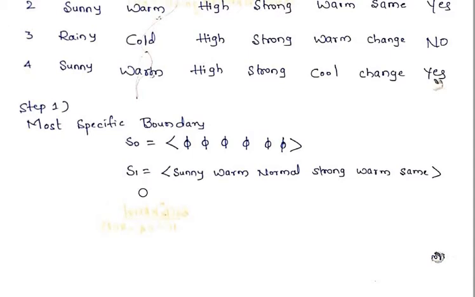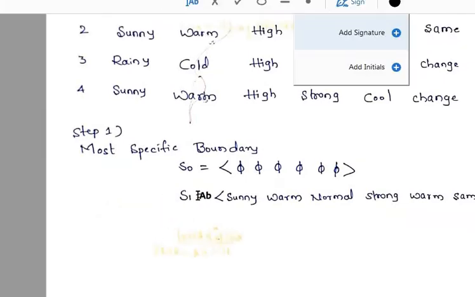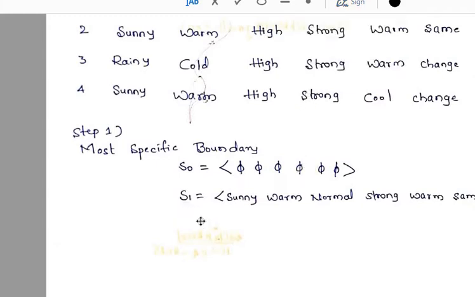Now check S2. So what will be the value of S2? S2 equals, so now you can check here the first, sunny with sunny, so again it becomes sunny.